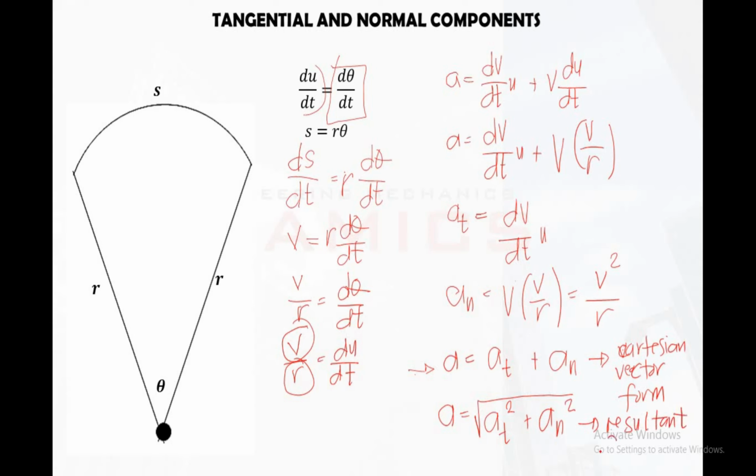This is the acceleration for your resultant form. Most of the problems we are going to encounter in this topic, we're going to use this one. So, pinakita ko lang po kung paano tayo nag-arrive sa final equation na ito. Just showed you the derivation.